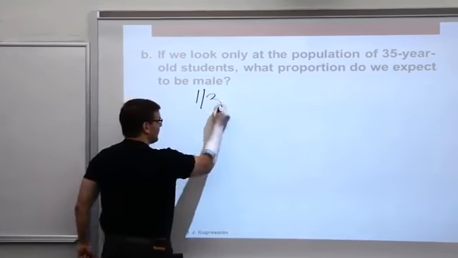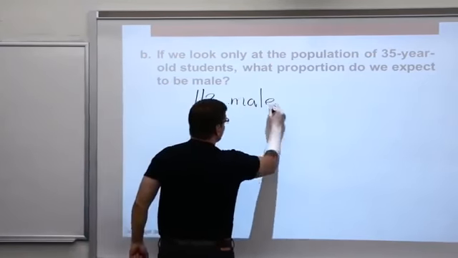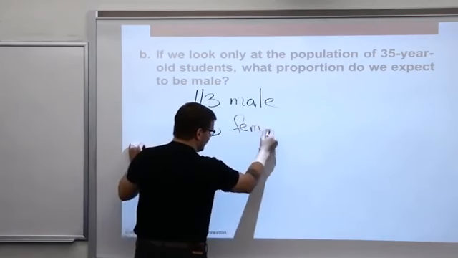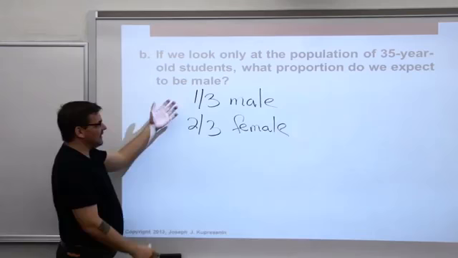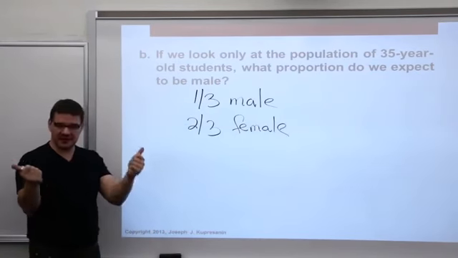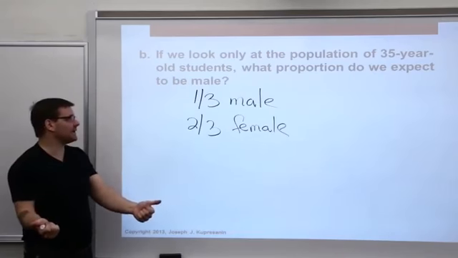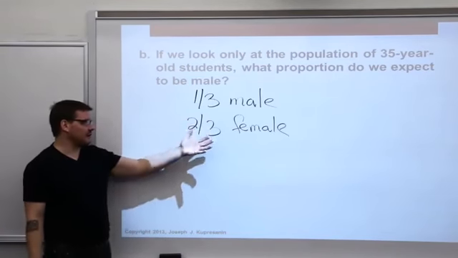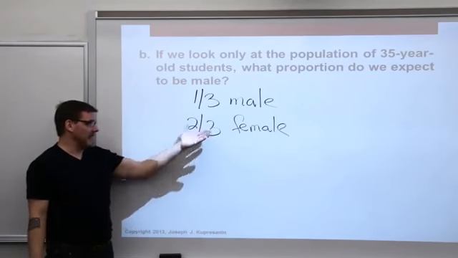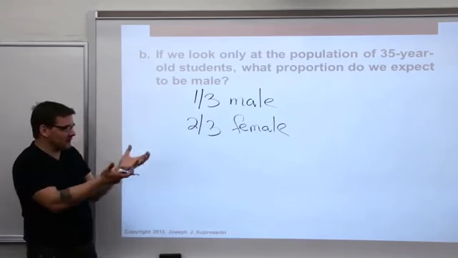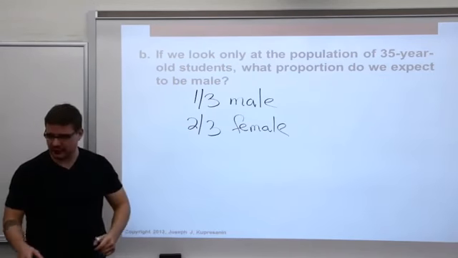We expect 1/3 to be male, and consequently, we would expect 2/3 to be female. It's because age doesn't matter. It's because age is independent of gender in all likelihood at Cecil College. It'd be really weird if we looked at the 35-year-olds and we found 80% female and only 20% male. I would be very amazed if that was the case. I'm guessing it wouldn't matter.